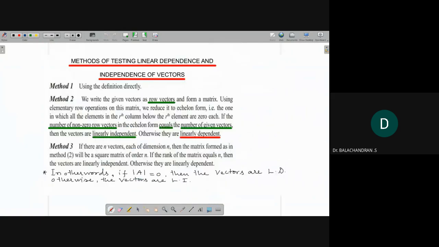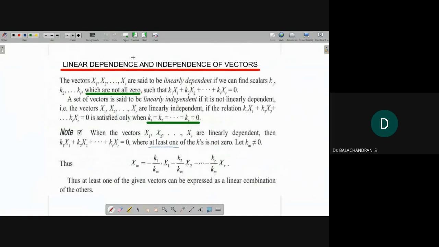Because the definition of linearly dependent says: if we can find scalars K1, K2, up to Kr, which are not all 0, such that their linear combination is equal to 0. In our problem, we first assume the linear combination is equal to 0.